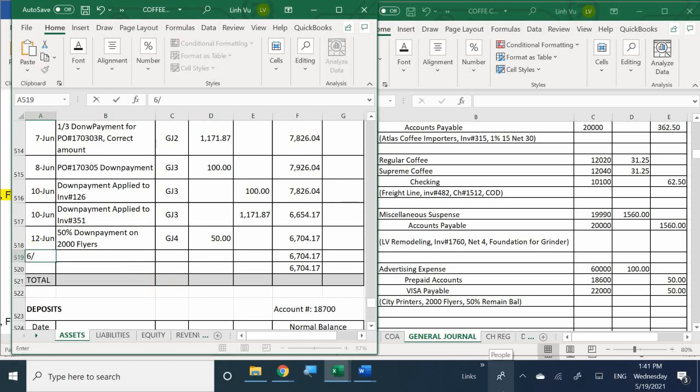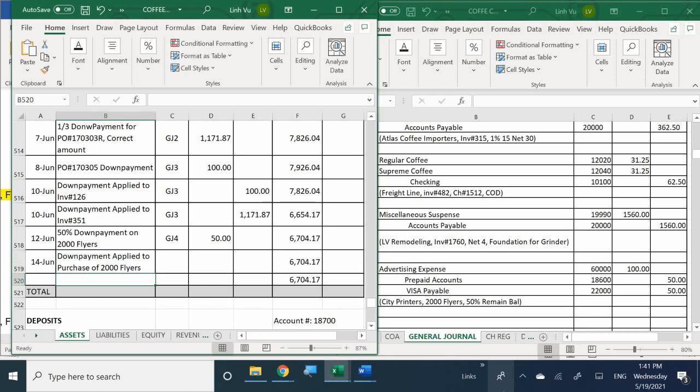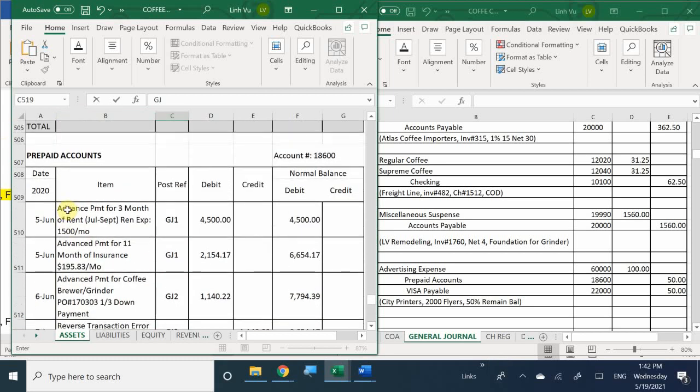I'm going to put the date, and this time I'll say down payment applied to purchase of 2,000 flyers. Once again, advertising is under general, and this is under prepaid, under assets.